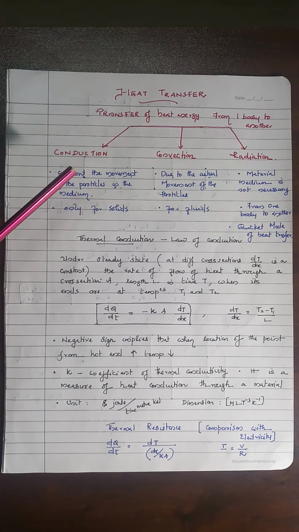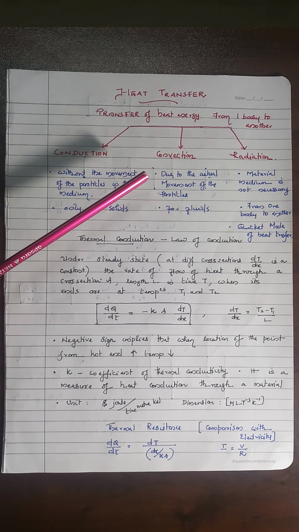You must know the basic difference between conduction, convection, and radiation. In conduction, it happens without the actual movement of the particles in the medium, and happens only for solids.